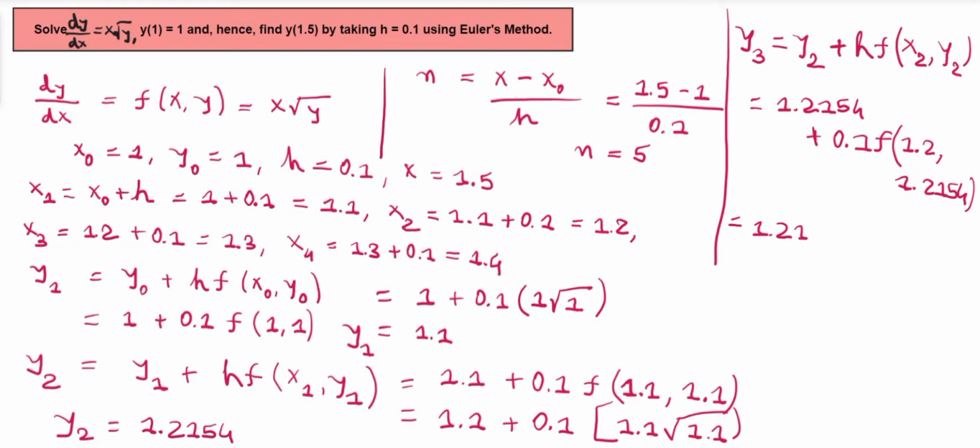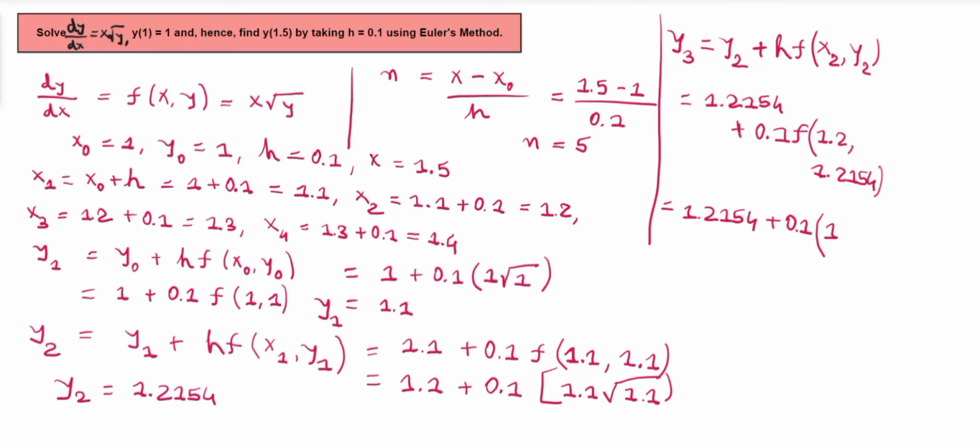That will be equal to 1.2154 plus 0.1 into 1.2 root 1.2154, which is we are placing in x root y, and on solving this we'll get y3 equal to 1.3477.